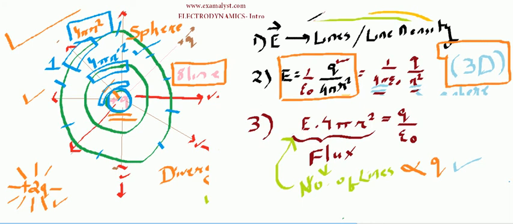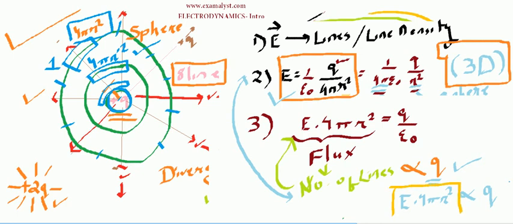Now can you tell me, from comparing to this particular formula, which mathematical term is proportional to q? Since epsilon is a constant, just forget it. If you look at this formula carefully, the only mathematical term proportional to q is E dot 4 pi r square. This is the only term which is proportional to q if I rewrite the formula. Hence, I am bound to represent this mathematical quantity E dot 4 pi r square as number of lines.